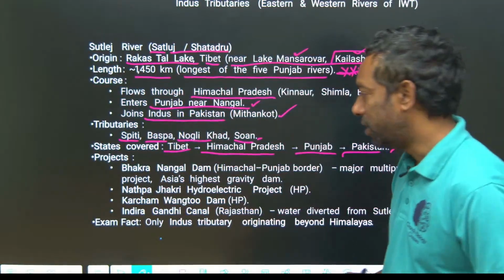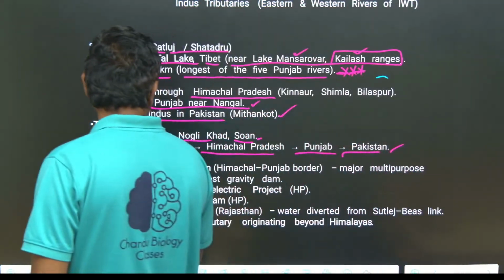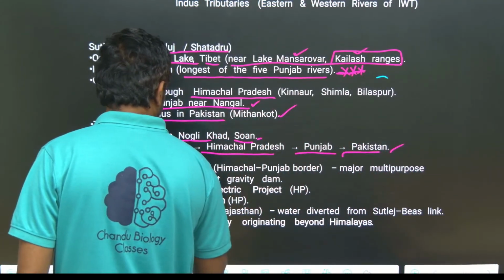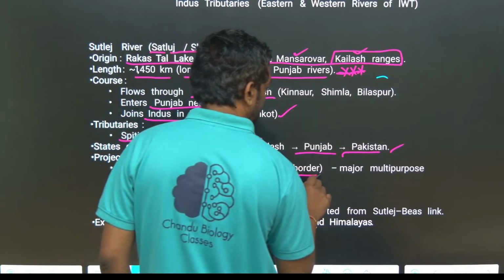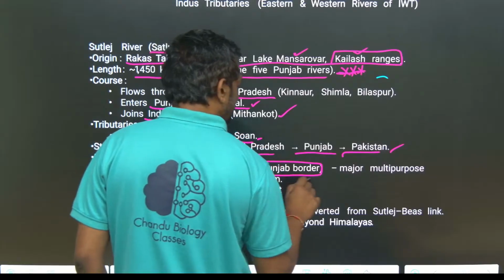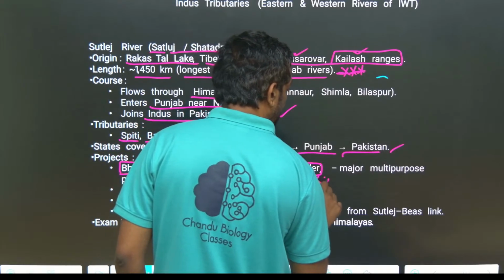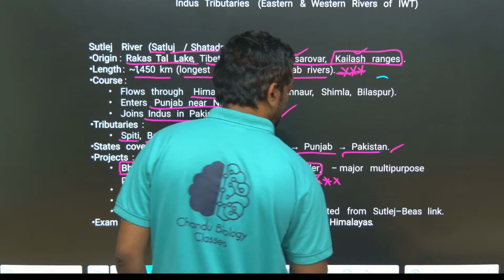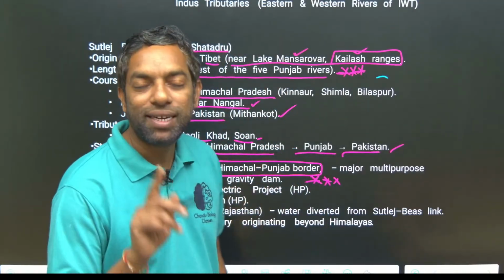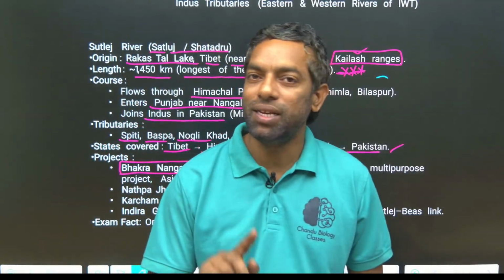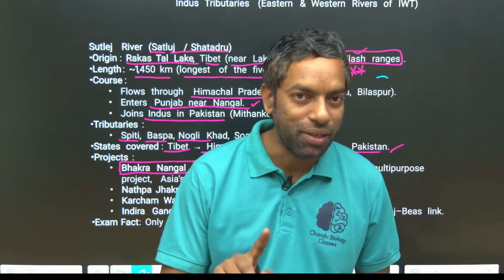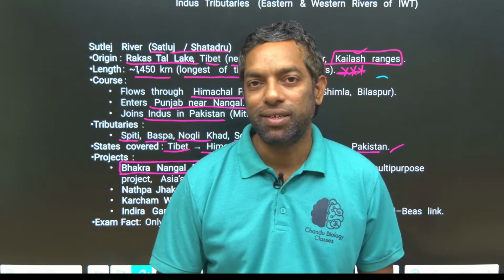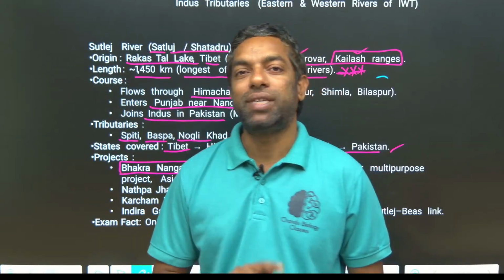This is important: the Bakra Nangal project on the Himachal Pradesh and Punjab border is the most important for the coming exam. There is a dispute between Himachal Pradesh and Punjab over the Bakra Nangal project, about the water sharing of the Satluj River.